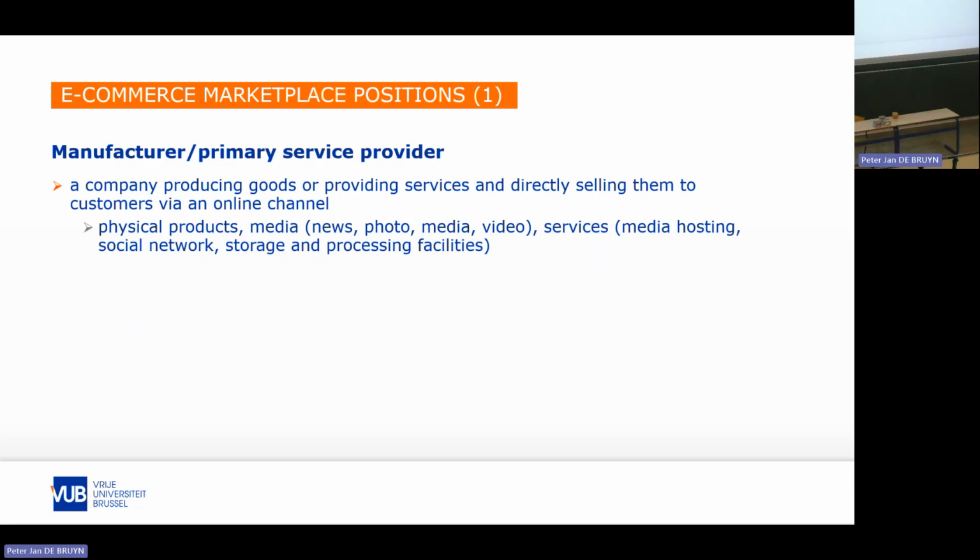And you could say, well, we position ourselves in that e-commerce market as the manufacturer, as a service provider. We are going directly to sell it via an online channel to our customers. Could be physical products, could be videos, media, services, you name it. You could directly enter into the market and say, this is us, this is the product or service that we provide, and you can buy it directly at our place, our website, or our app.